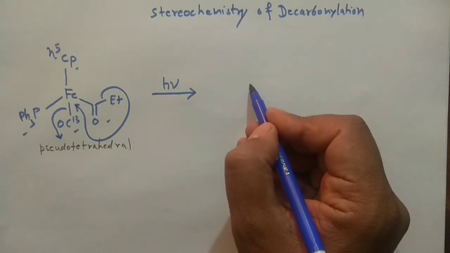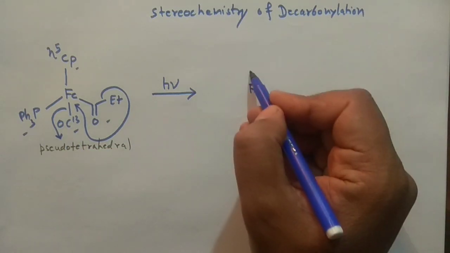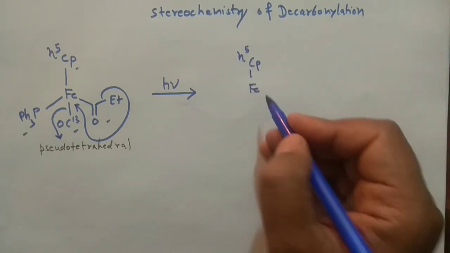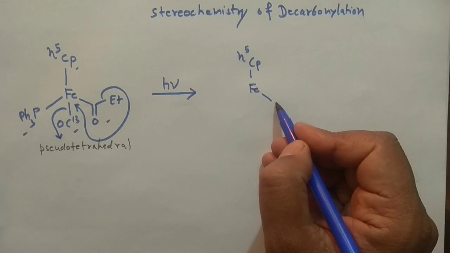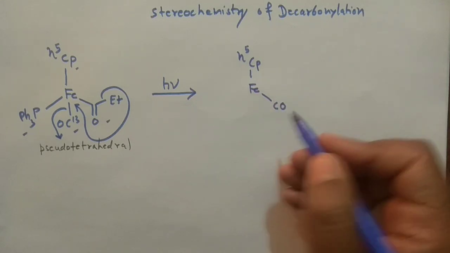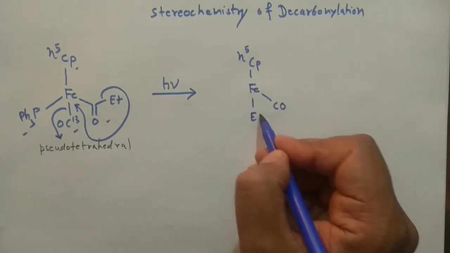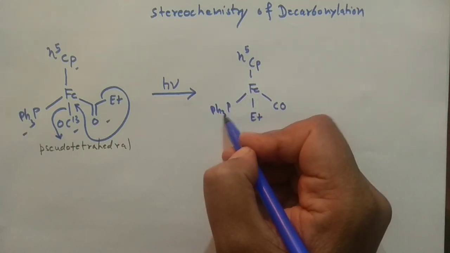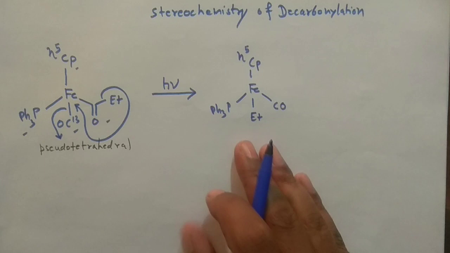So what product can I expect? I can expect Fe, Cp eta 5, and my carbonyl should remain here, my Et would come here, and my triphenyl phosphine would be here. I can expect this particular product.